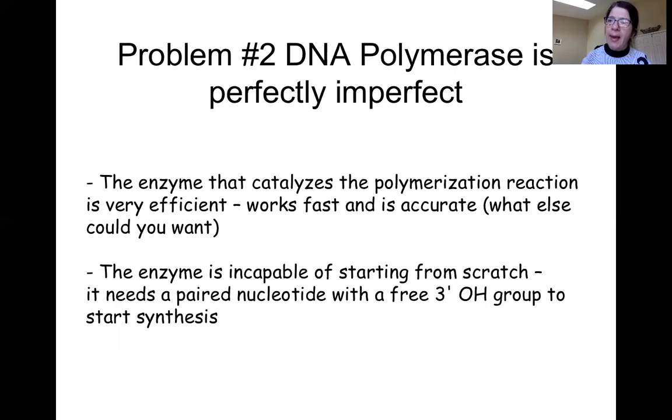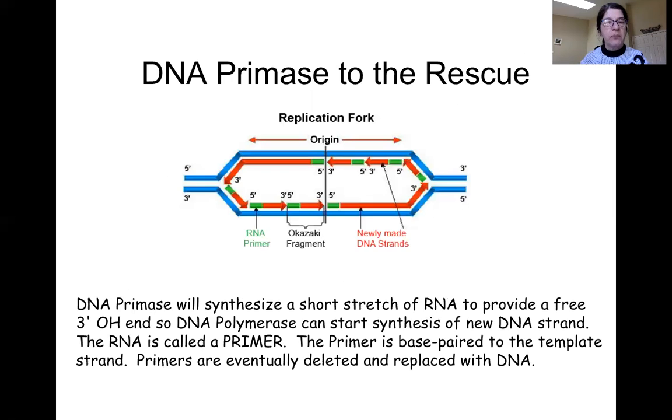And it's also very accurate. So what else could you want, right? Efficiency, speed, accuracy. Well, it turns out this enzyme is incapable of starting from scratch. It needs a paired nucleotide with a free 3' hydroxyl group to start synthesis, so it cannot start from scratch.